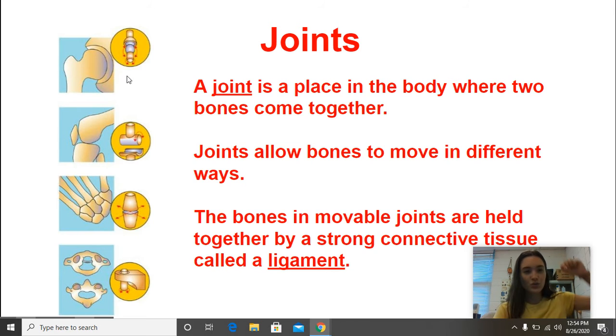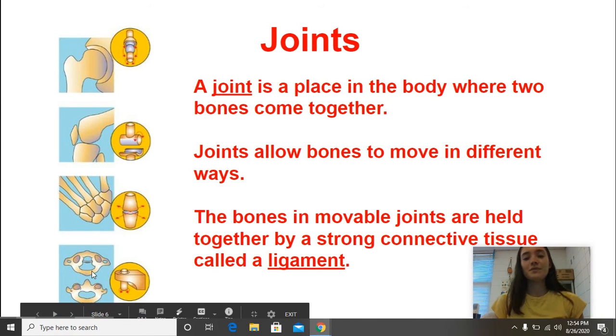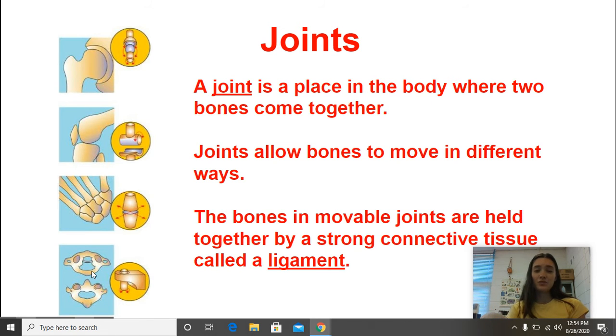We've got our shoulder, our hands, our pelvis down here that we can move this way and this way. The bones in movable joints are held together by a strong connective tissue called a ligament. Right now, I really want us to focus on a joint: a place in the body where two bones come together, and it allows us to move in different ways. So don't forget that.